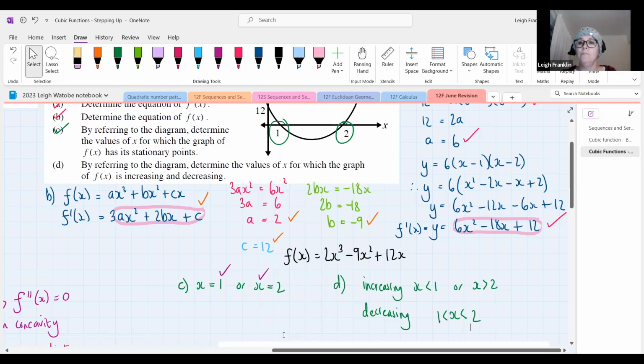Ma'am, wouldn't we have to include the x's because they're points on the graph? No, they're asking about increasing and decreasing. Ma'am, you don't include your turning points when you're talking about increasing and decreasing. Remember, we are not talking about the graph that we see in front of us.